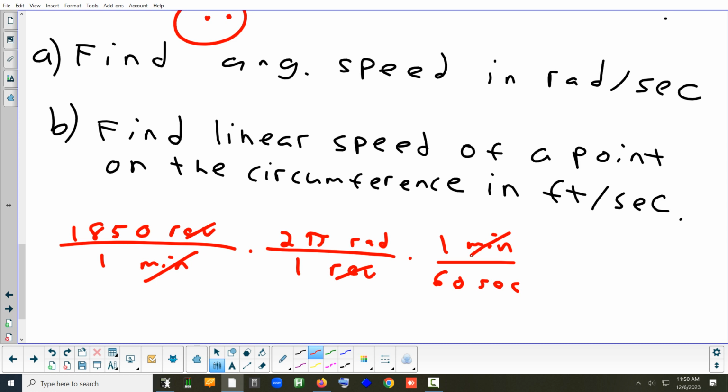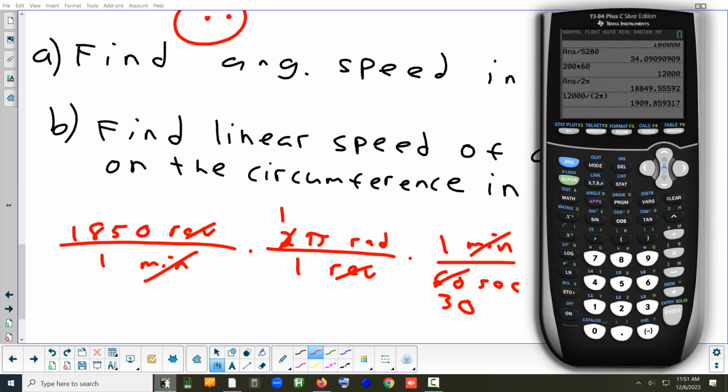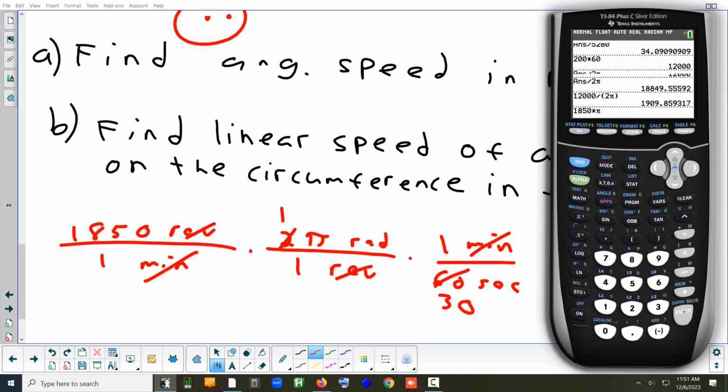Right, and we could actually reduce if we wanted to. 2 goes into itself once. That doesn't really do much for me. All right, so let's type that. So we got 1850 times pi. And this is a lot of times why I hit enter and then I do the denominator separate.